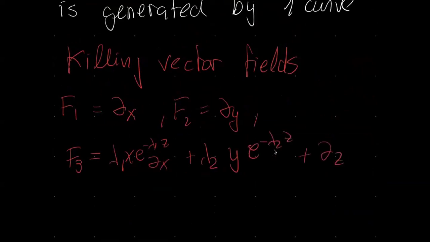This set. So you're going to translate in a linear combination of these vector fields, and you're going to be invariant in the direction of another linear combination of these vector fields.